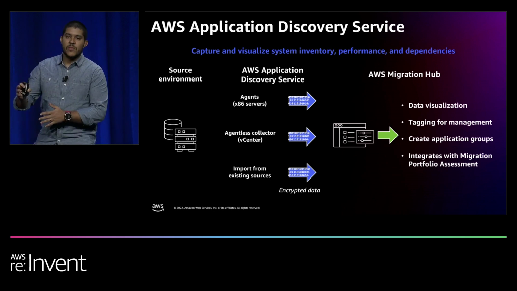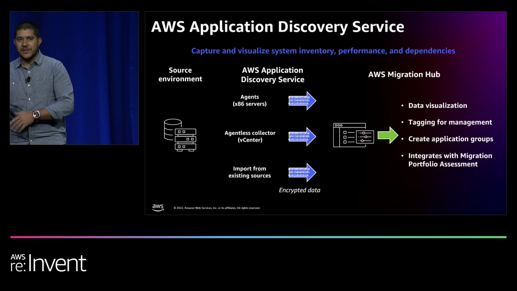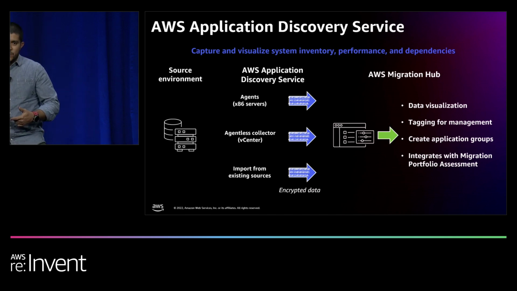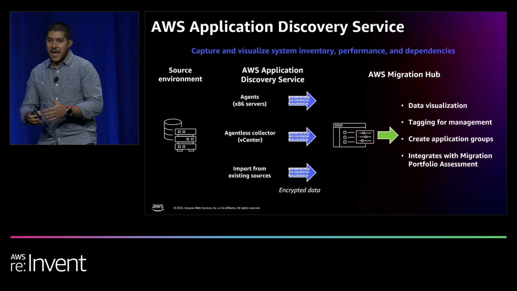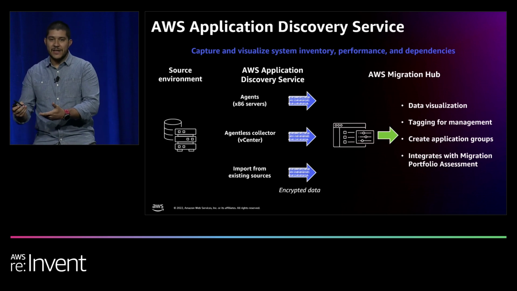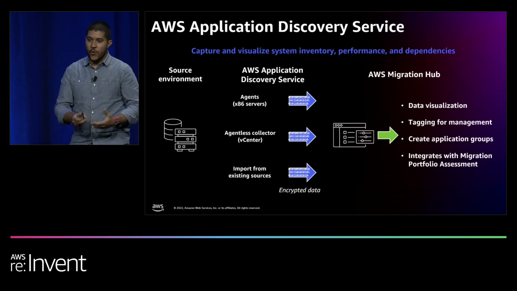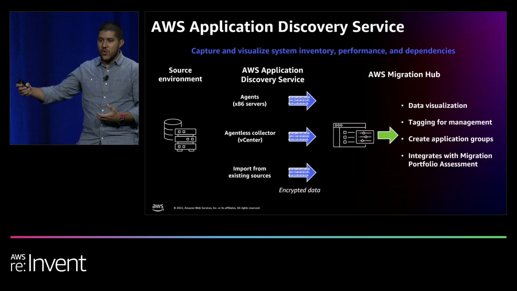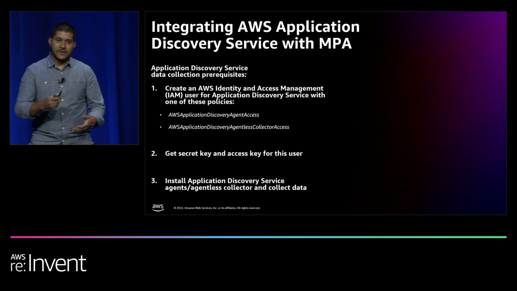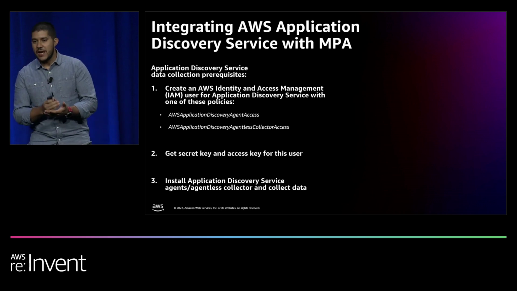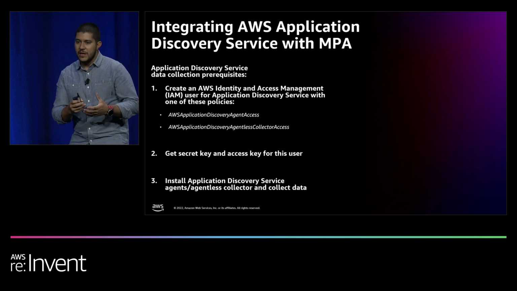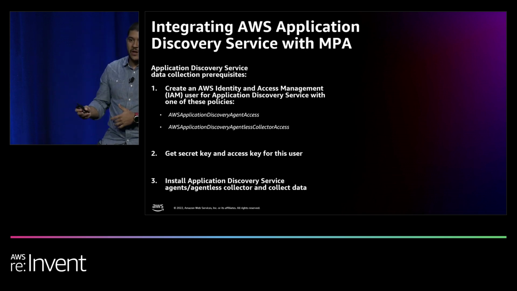This data flows to a migration hub, and in all the ways we encrypt that data. And once in migration hub, we can visualize data, we can add tagging to manage, and also we can integrate with MPA because the data will flow from Migration Hub to MPA. And how we do that? First of all, we need to create an IAM user to install and set up the ADS, the Application Discovery Service collection method.